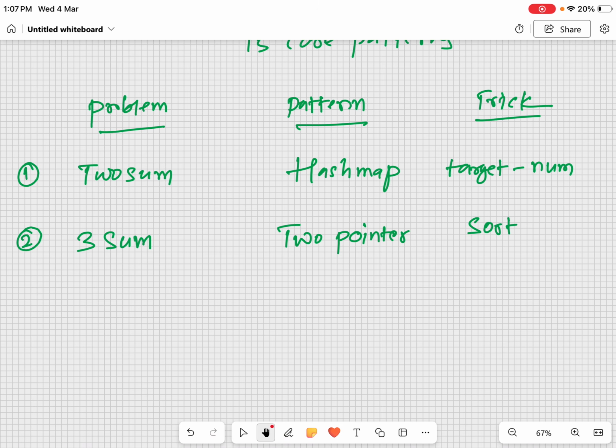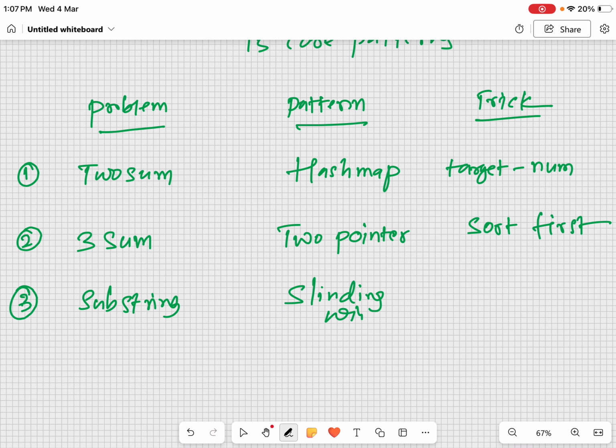The third one is substring. Our pattern would be sliding window, and the trick would be expand or shrink. Correct?